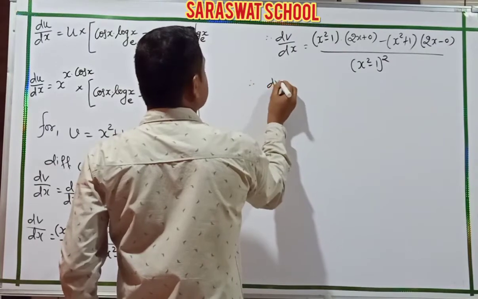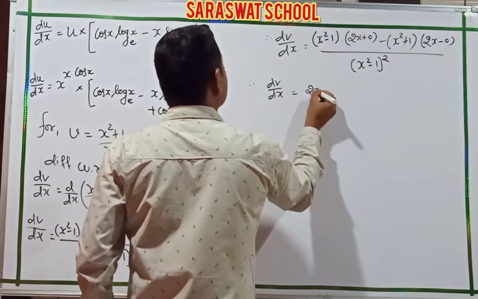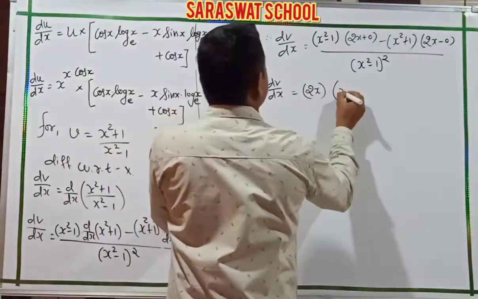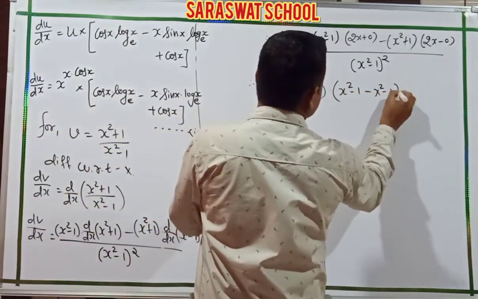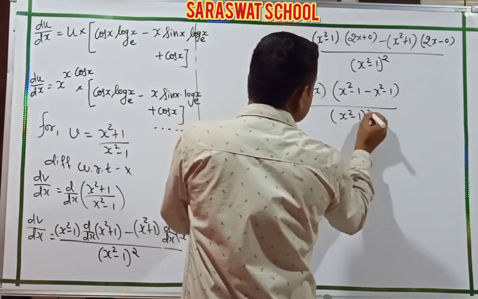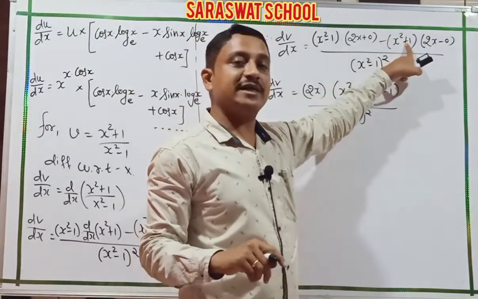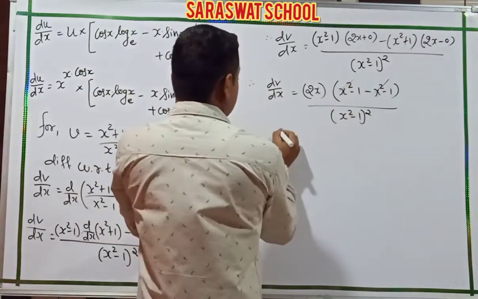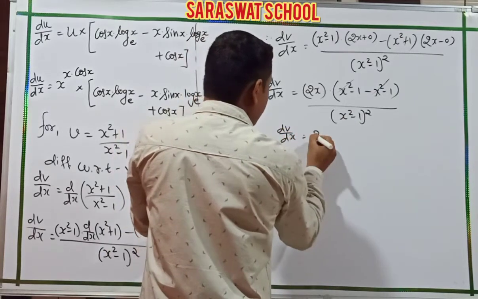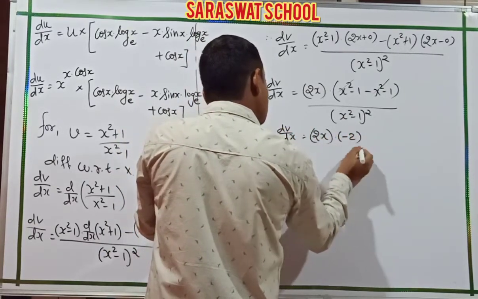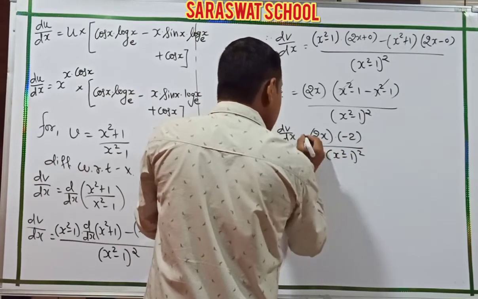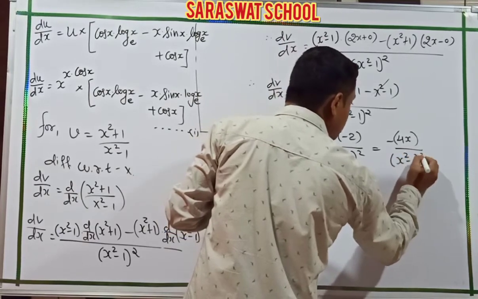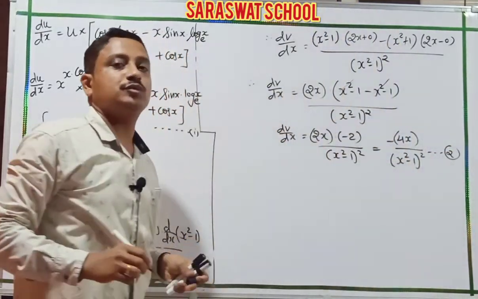So dv/dx: I think you take out the common factor 2x outside. 2x common. What is remaining? x square minus 1 minus x square minus 1 upon the same, because this minus I multiply inside and simply change the signs. So what do you get finally? This cancels, dv/dx is 2x with minus 2 upon the same. So your answer is minus 4x by x square minus 1 whole square, and this is statement number 2.